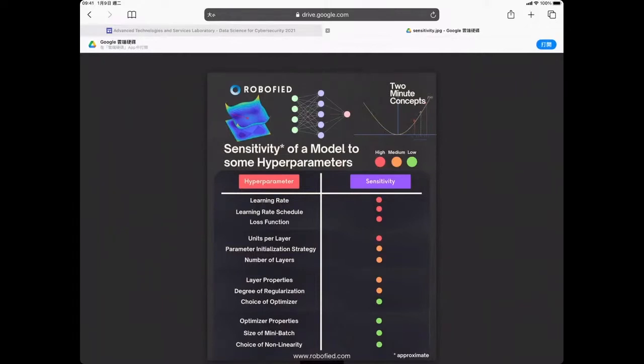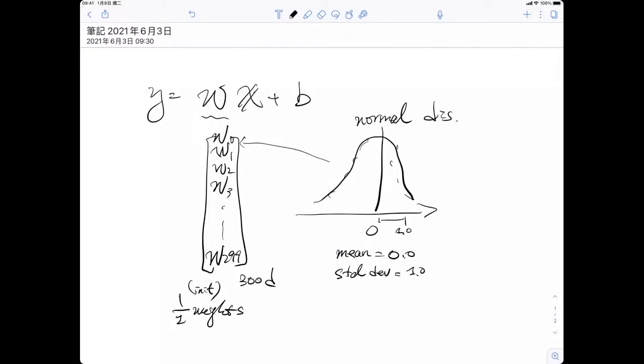Maybe that is the time you would like to change the initial weight strategy. Half of your weights are currently negative, half are positive, and some are zeros. Zeros means some of your inputs are effectively ignored, so that means x0, x1, x2, up to x299.